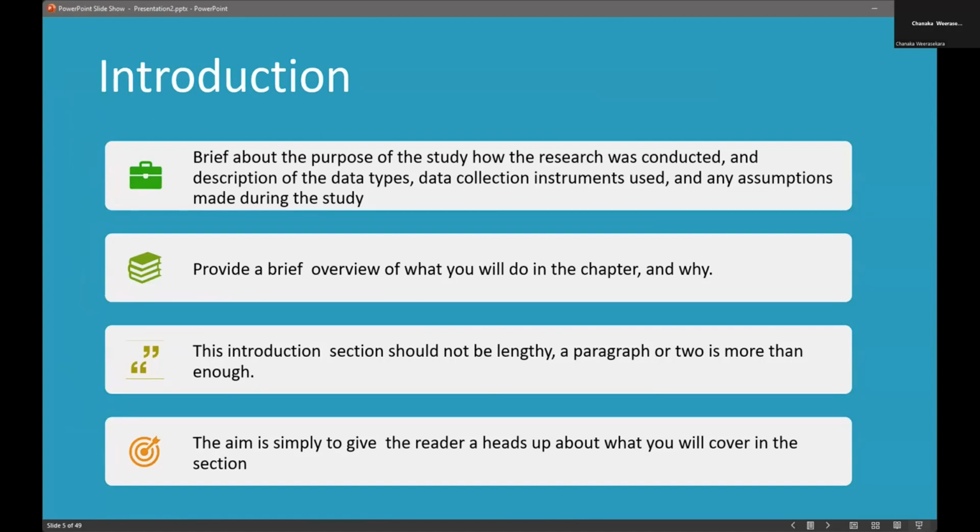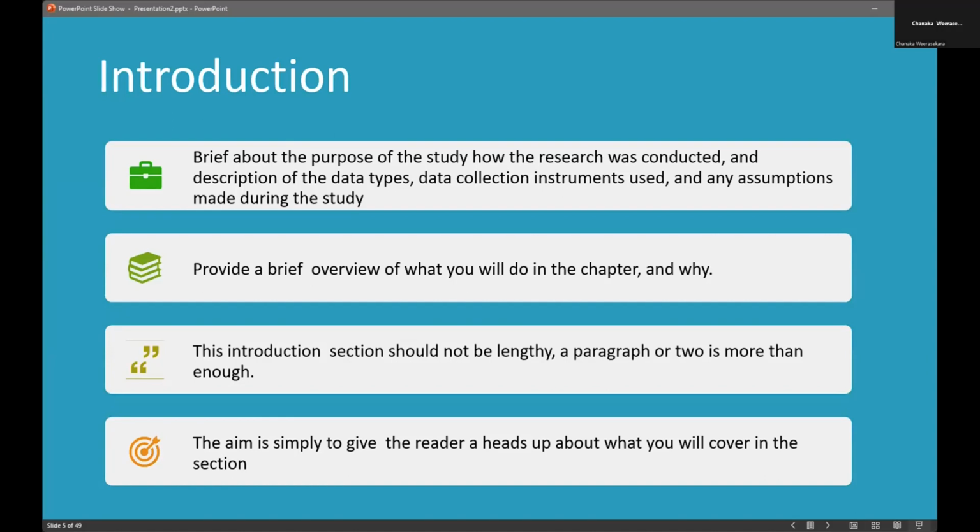Under the introduction, the first thing that you should do is revisit our research question, because in the first chapter itself, the introduction chapter of the dissertation, we have thoroughly discussed the research problem, background, objectives, questions, and all that.